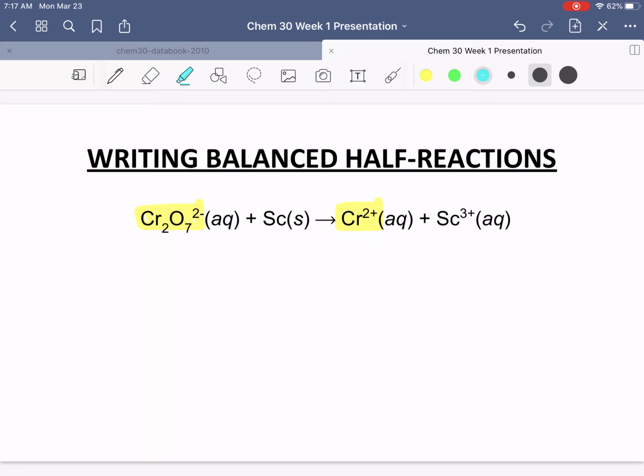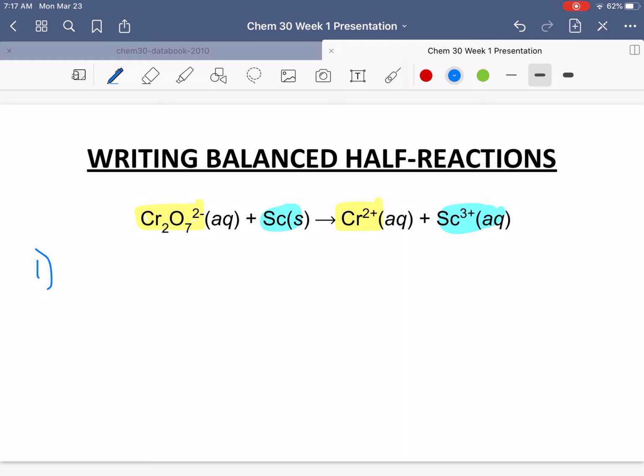Hopefully things are starting to make you go, oh, okay, I can kind of see this. Check out the scandium. If scandium is a reactant, this scandium ion is going to have to be in the product. So now between those two colors, you can start to see our two half reactions. So this is going to be step one.